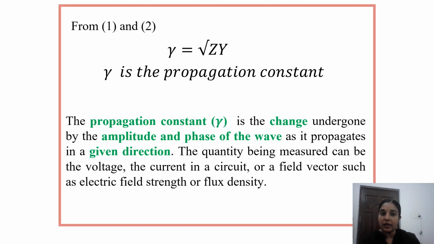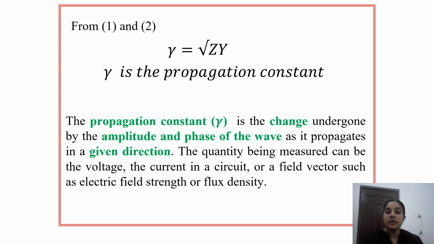So in the previous equations, we have the current and the voltage equations represented in terms of impedance and admittance. In order to simplify those equations, we are introducing another constant which is called the propagation constant. This propagation constant is a constant where we involve all the impedance and the admittance terms.